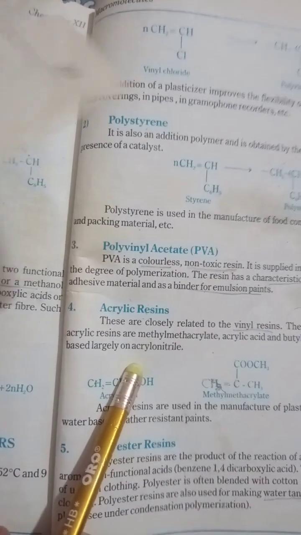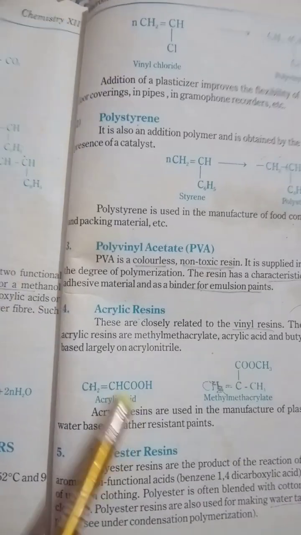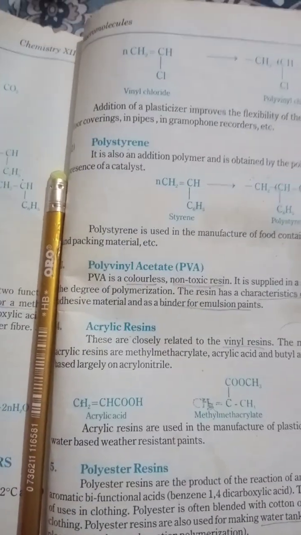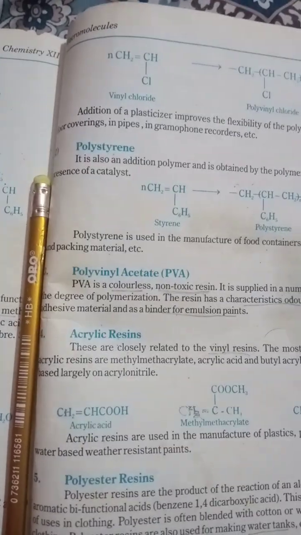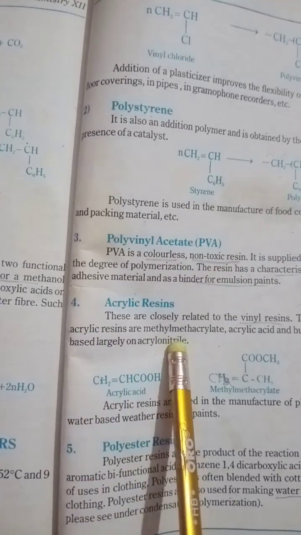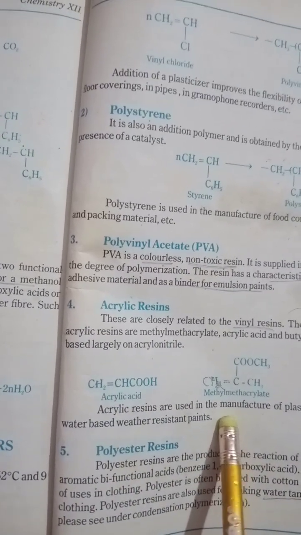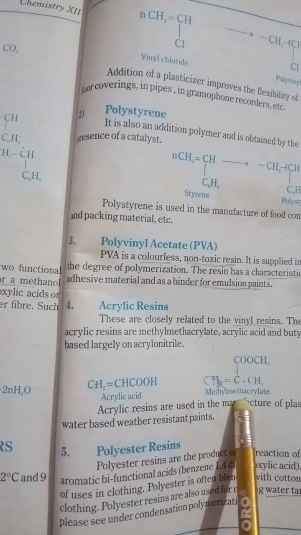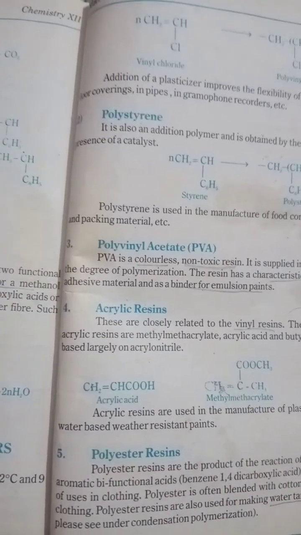And then acrylic resin, made from acrylic acid, which is closely related to vinyl resin. The important monomers of acrylic resins are methyl methacrylate and acrylonitrile.